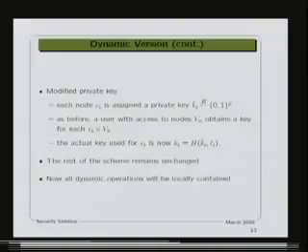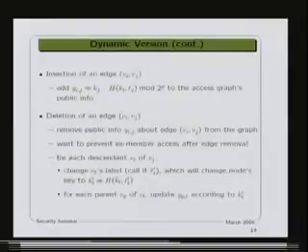Next, I would like to show how changes are introduced in the graph. An insertion of an edge is easy. All you need to do is create a public label for that edge, and we're done. This will allow us to go from one node and follow that edge, deriving the necessary keys.